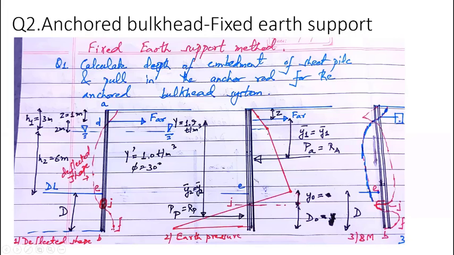So just notice it. When we use the fixed earth support analysis, this is the bending moment diagram and this is the deflected shape. Just follow the cursor of the mouse. This bending moment diagram is like that. For the case of anchored bulkhead sheet pile wall design, you can notice that the bending moment changes sign here.